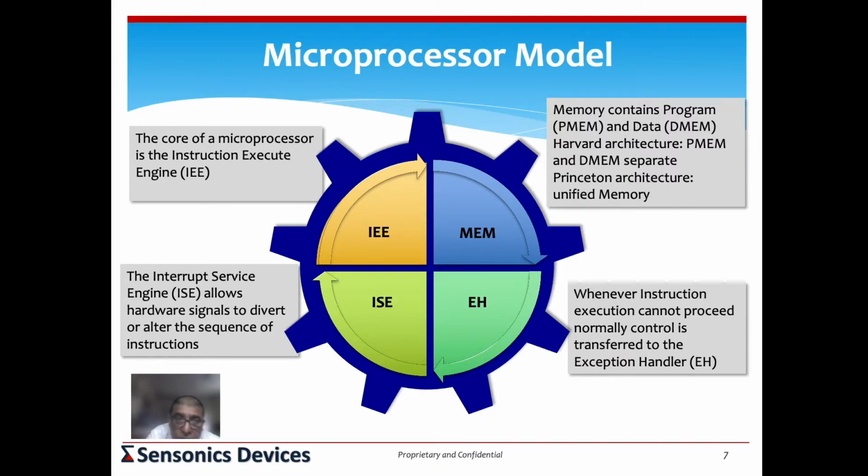So in today's talk, we will talk specifically about the instruction execute engine. As you would know, the design of this piece is the mysterious piece. This is the piece that people don't usually design. When you license a microprocessor, this is what you're using it primarily for. You will probably modify the memory mechanism. You probably won't add to the exception handler, but you will definitely add to the interrupt service engine.